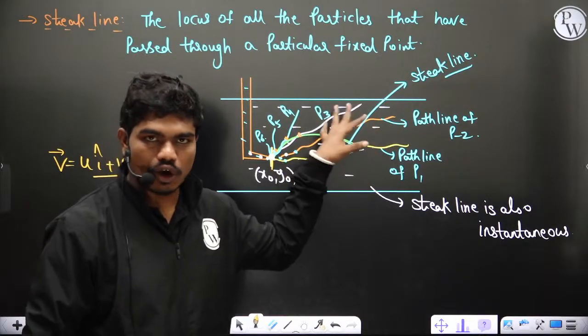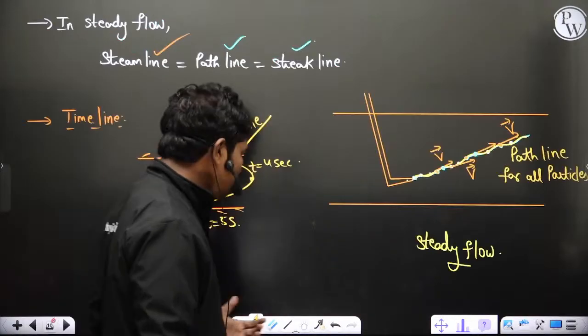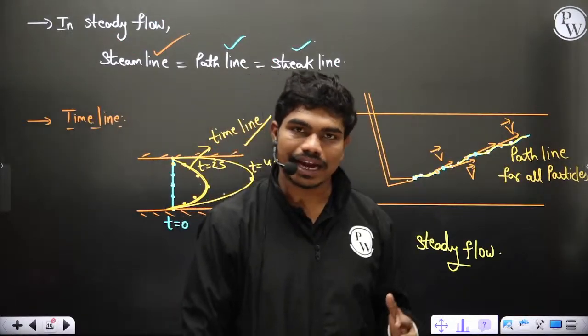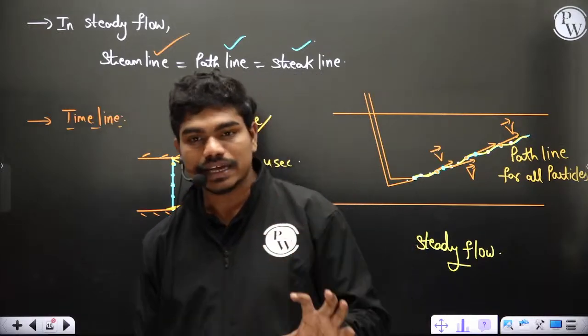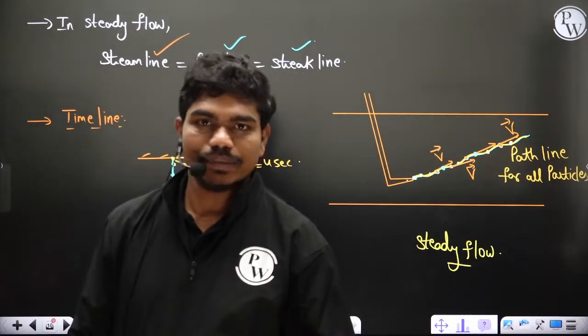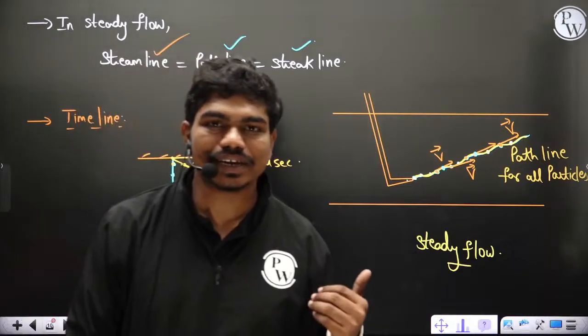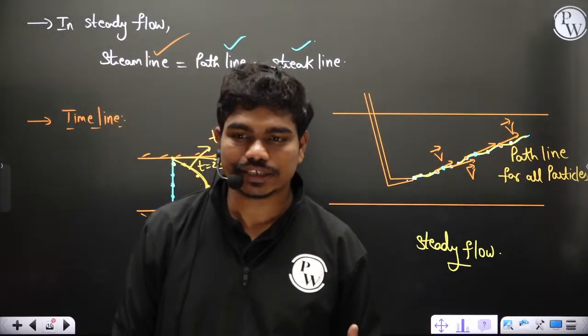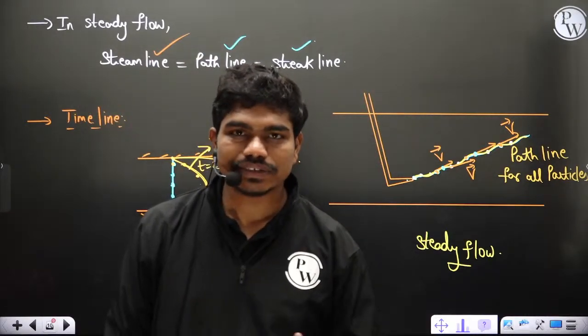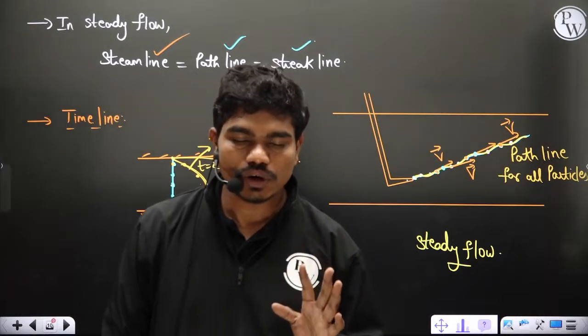So using all these four techniques, including timeline, you can study how the particles are behaving with time in a fluid flow. Basically how the flow is happening with respect to time. These are the mathematical techniques to calculate flow visualization. Clear? It's almost 40 minutes we have taken, but is the understanding clear to all of you?